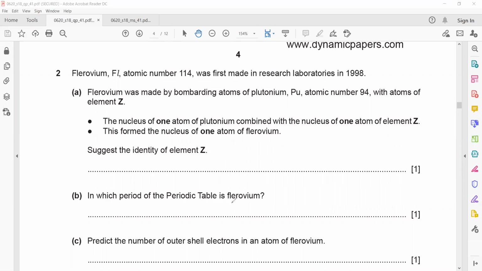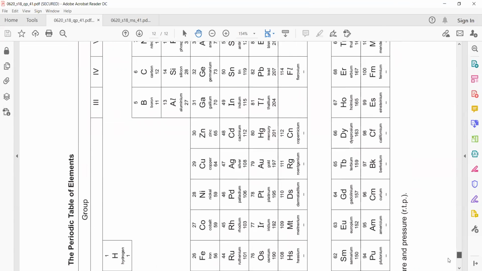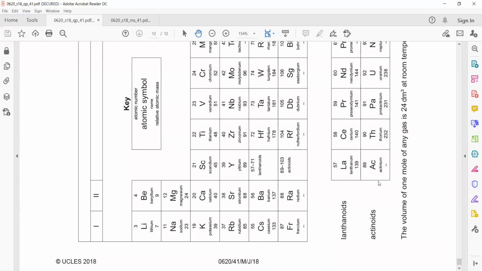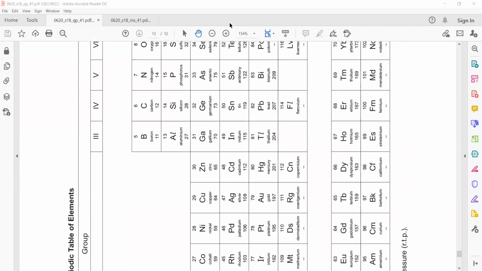In which period of the periodic table do we find this element? So in which period of the periodic table can we find 114?